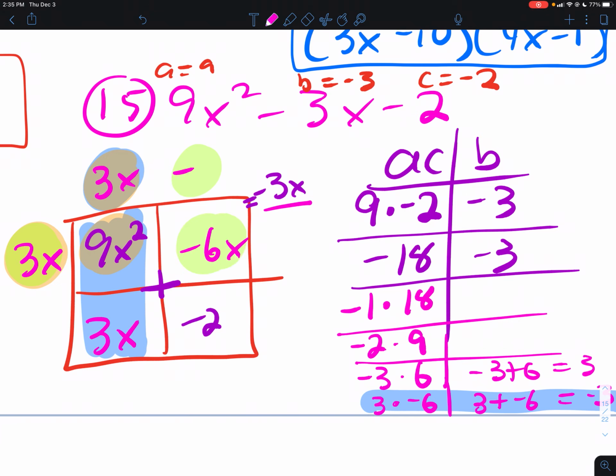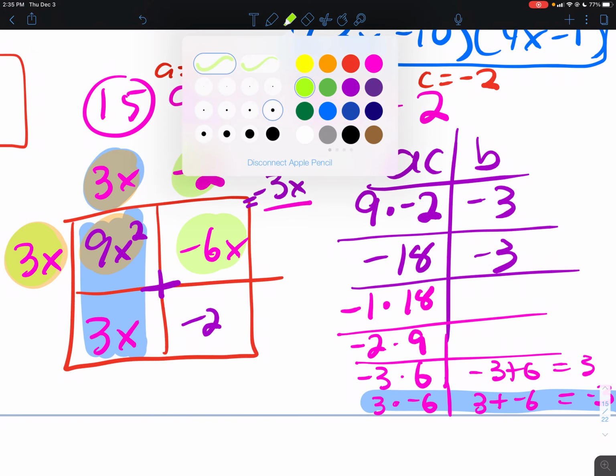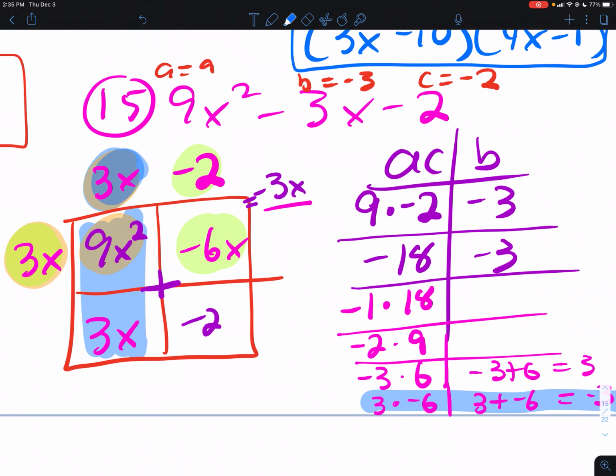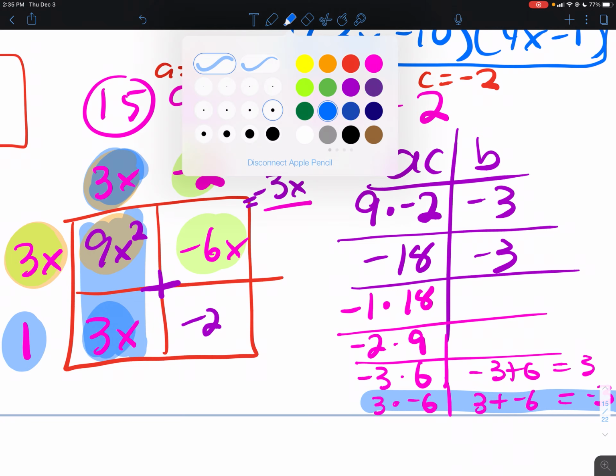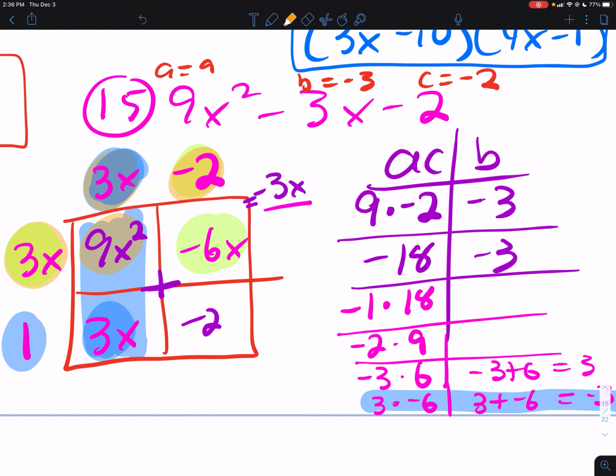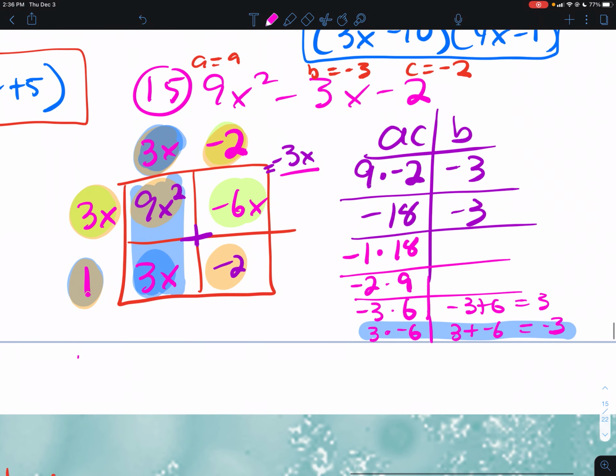Well, that would have to be negative 2. And then the last one, 3x times what gives us 3x? Well, that would have to be 1. And then we can check that by doing negative 2 times 1 is negative 2. So our final answer will be 3x minus 2 times 3x plus 1.